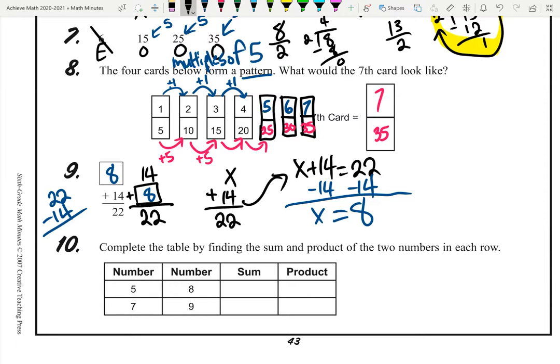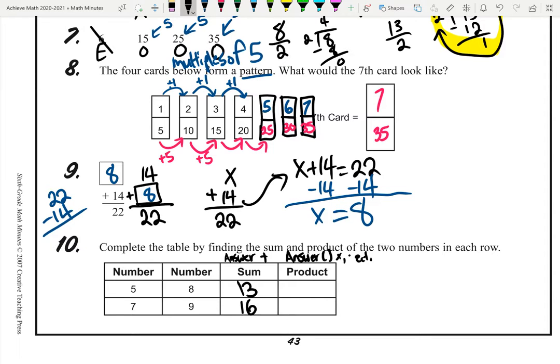Number 10. All right, this is checking. Do you know what the word sum and product mean? Sum means the answer to an addition, and product is the answer to multiplication. Parentheses, times, dot. There's lots of marks. So 5 and 8 add up to be 13. 7 and 9 add up to be 16.